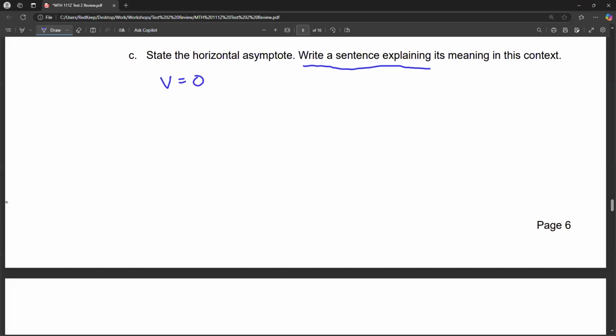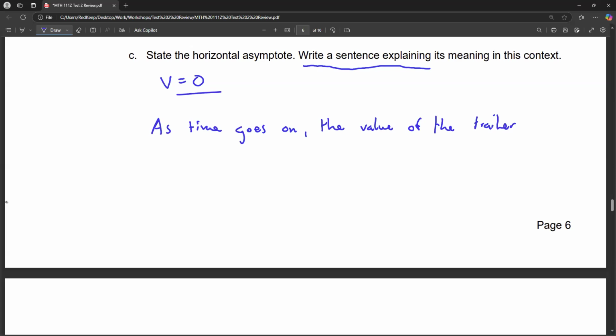But I would probably say something like, as time goes on, or however you want to say that, as t goes on or increases, the value, right? The value of the trailer, right? Right.